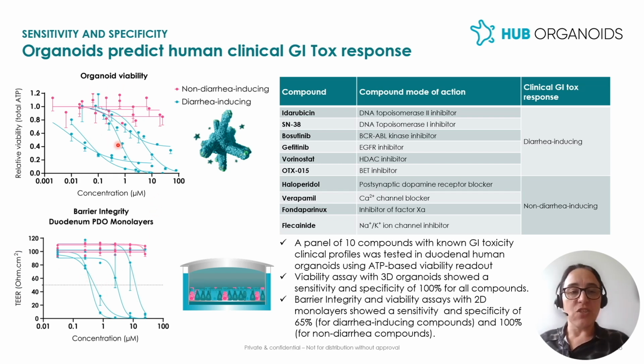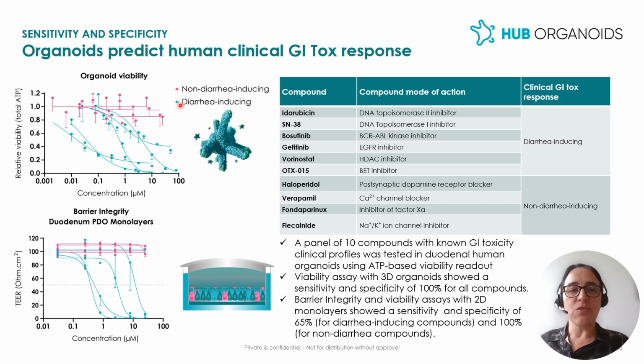We can see consistently that those compounds that are considered not diarrhea-inducing, which I labeled all in pink, do not have an impact on organoid viability as 3D structures or barrier integrity as 2D structures, and those compounds that have a diarrhea-inducing phenotype are the compounds labeled in greenish or bluish.